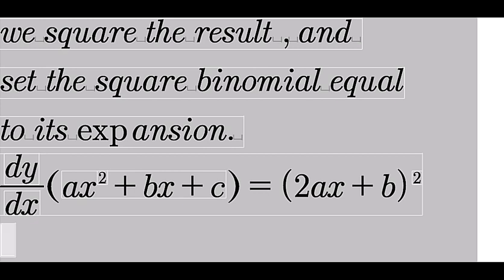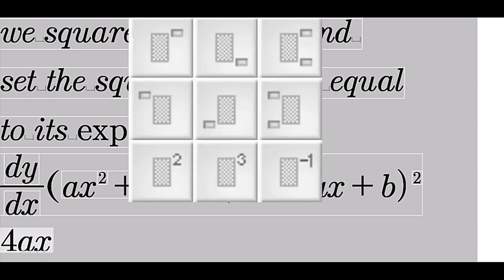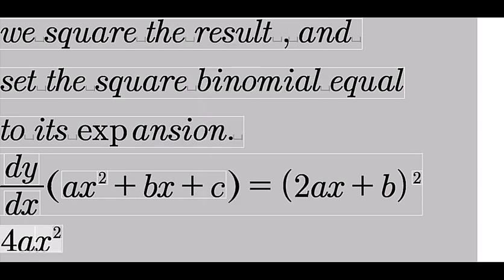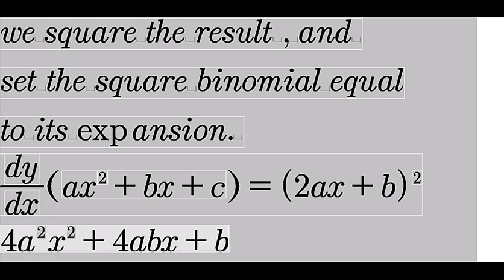So the expansion now becomes 4a squared x squared, plus 4abx, plus b squared.